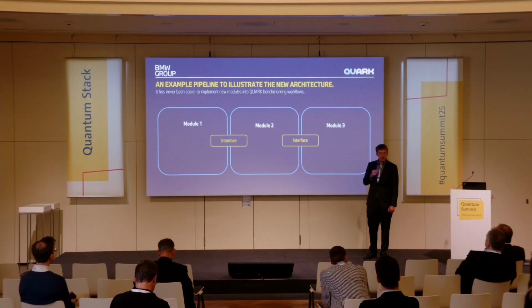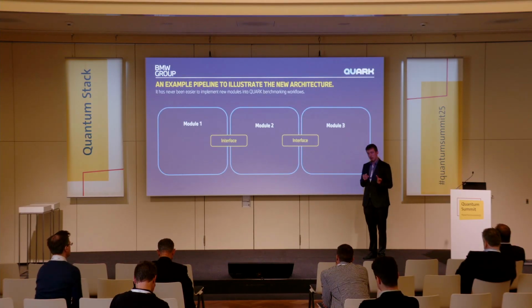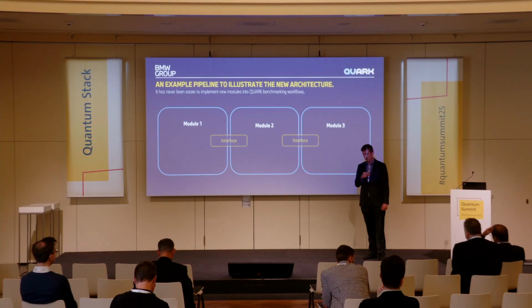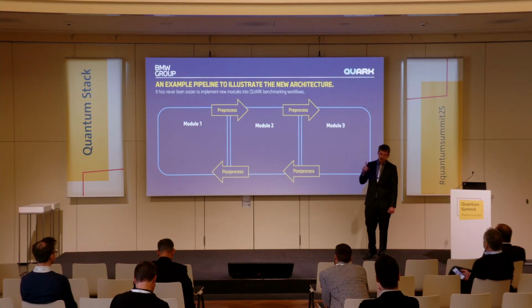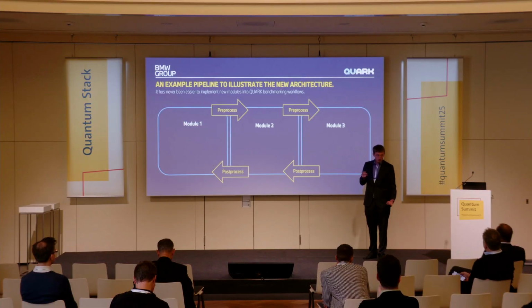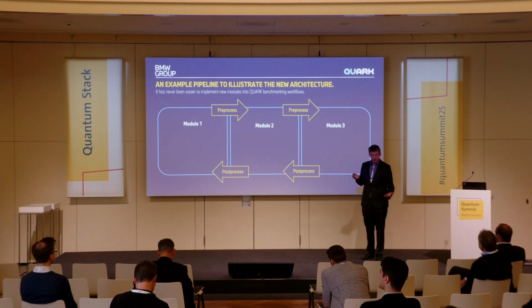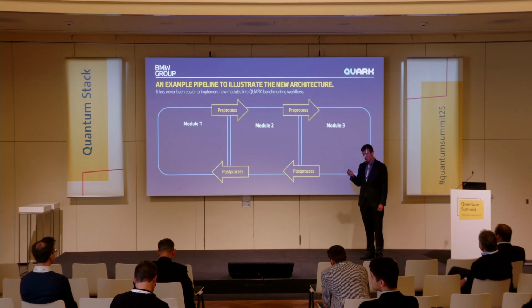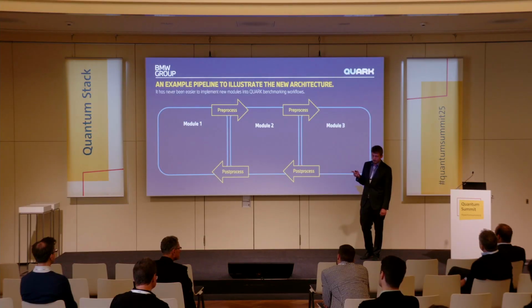Now, to give you a concrete example of how that looks like. As I said, QUARK is built out of modules which are connected by standardized interfaces. A typical QUARK workflow includes a pre-process and a post-process, where in the pre-process, your combinatorial optimization problem might be formulated, or your training models might be formulated, the circuits might be built, and then eventually you will bring whatever you want to run on the quantum hardware at the end of the pre-process.